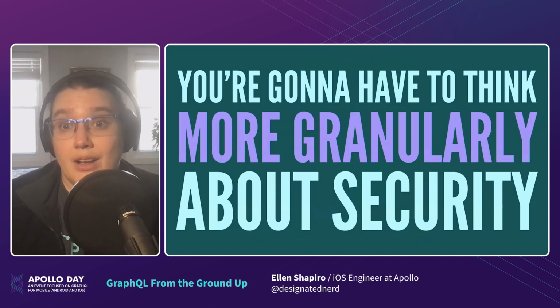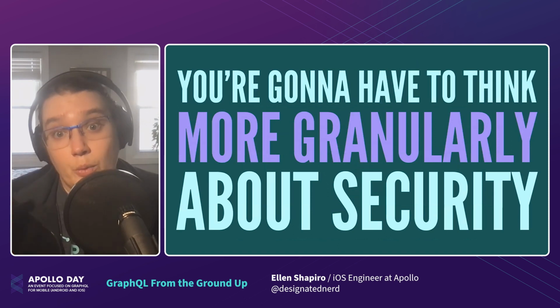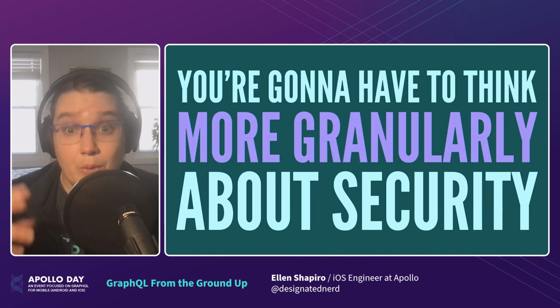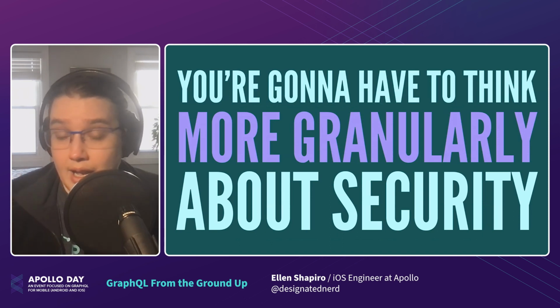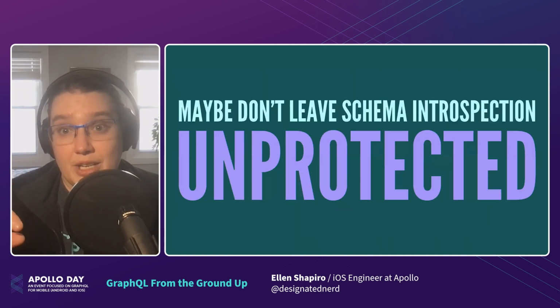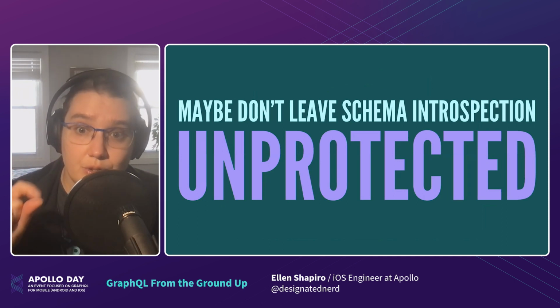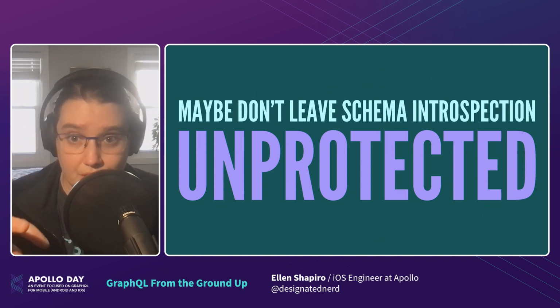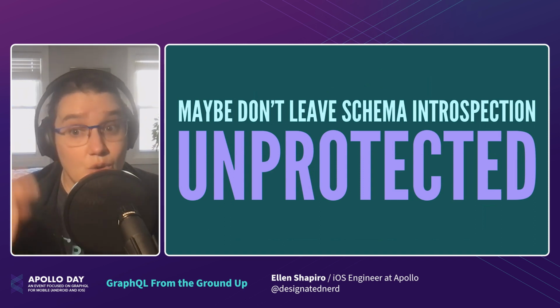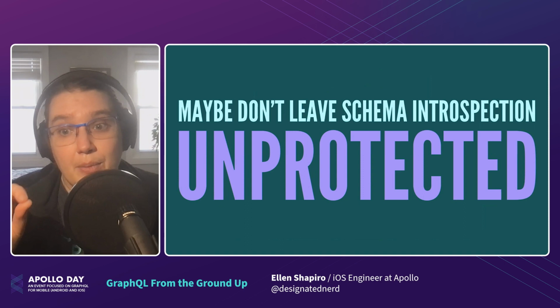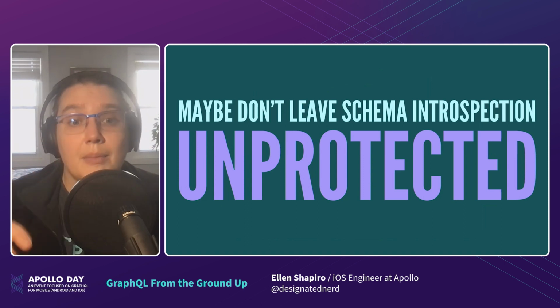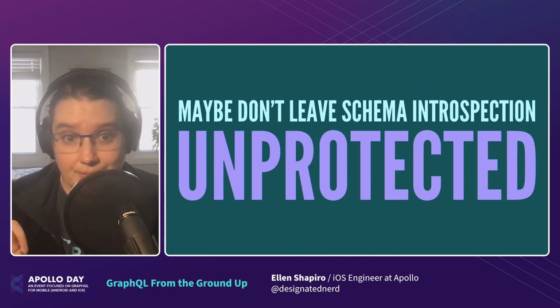You're going to have to think on a more field-by-field basis about who should have access to what and work with your backend team to make sure that that works well for everyone. Oh, and one pro tip, schema introspection is on by default unprotected. This means that anyone who knows the way to query a GraphQL server to return information about its schema can get your schema really easily. You probably want to make sure that there's at least some kind of API needed to get that information.